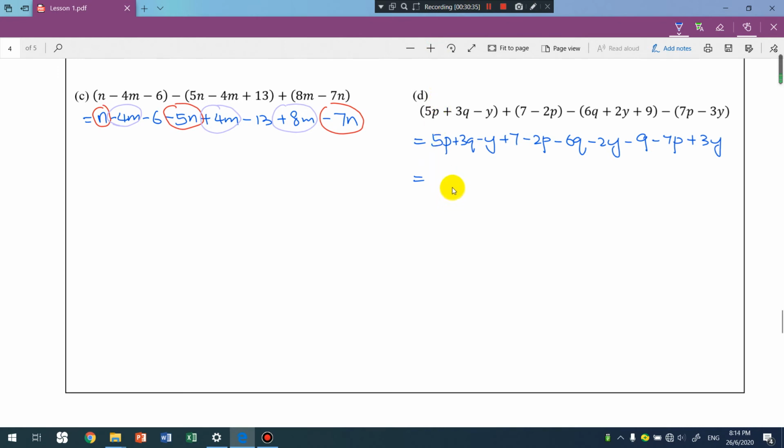Okay, now how about let's try. Don't group them, just by looking like this, you try to press your calculator and see whether you can get the answer correct or not. Now we look at p first, 5p, right? Press your calculator 5. Okay, then we go from your left to your right. Negative 2p minus 2.